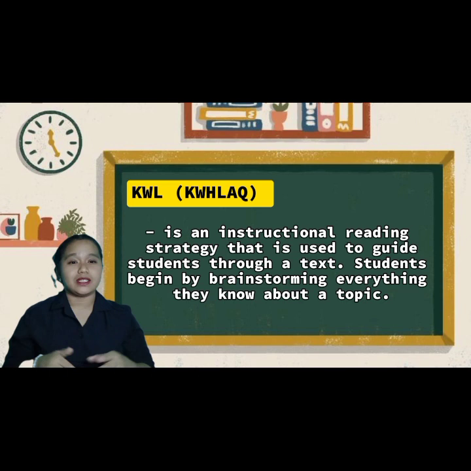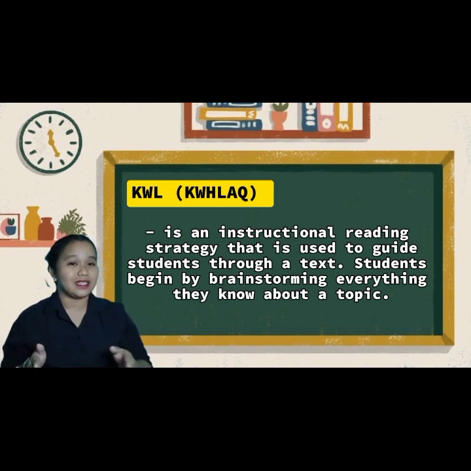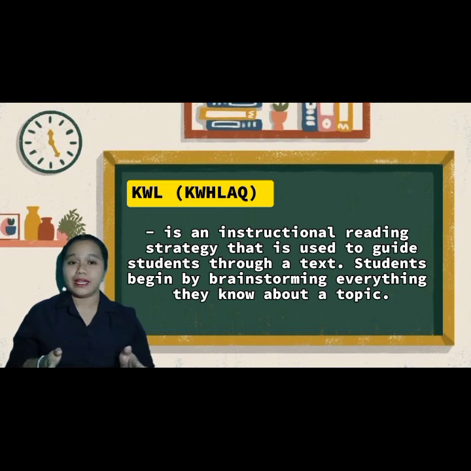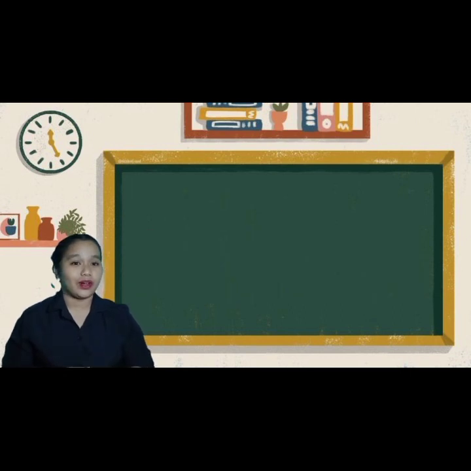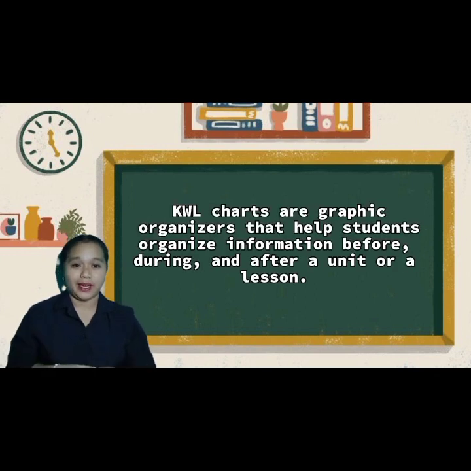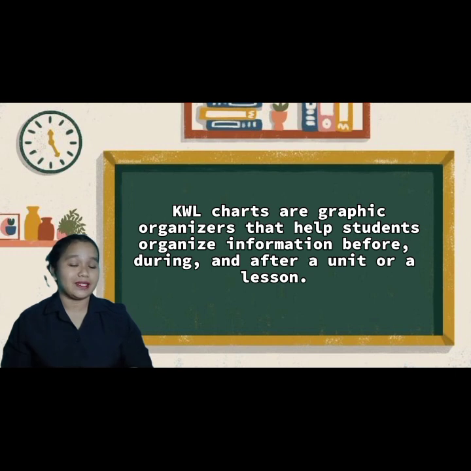It is an instructional reading strategy that is used to guide students through a text. Students begin by brainstorming everything they know about a topic. This information is recorded in the K column of a KWL chart, Ogle, 1986. KWL charts are graphic organizers that help students organize information before, during, and after a unit or a lesson.